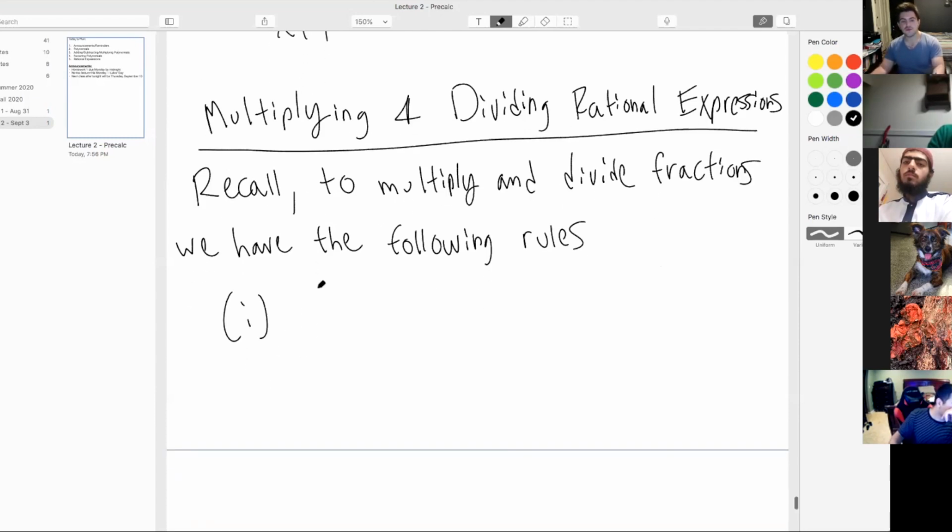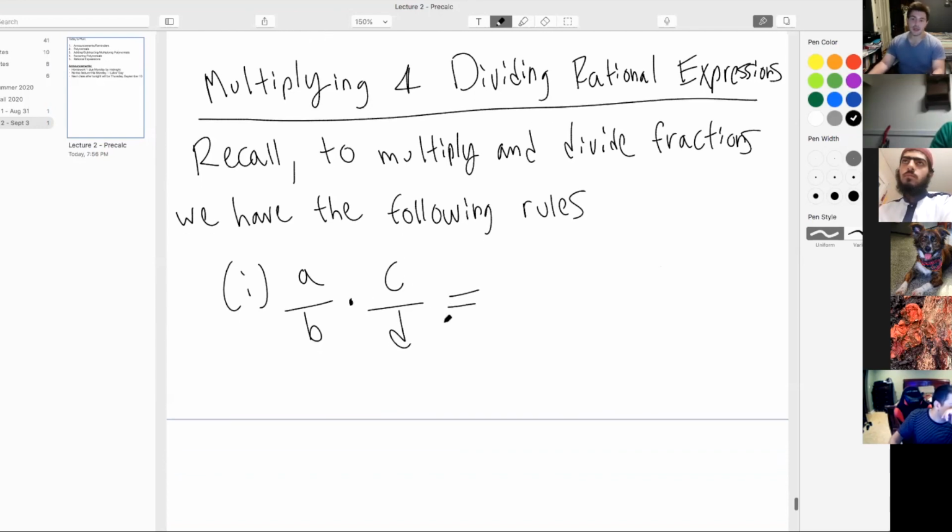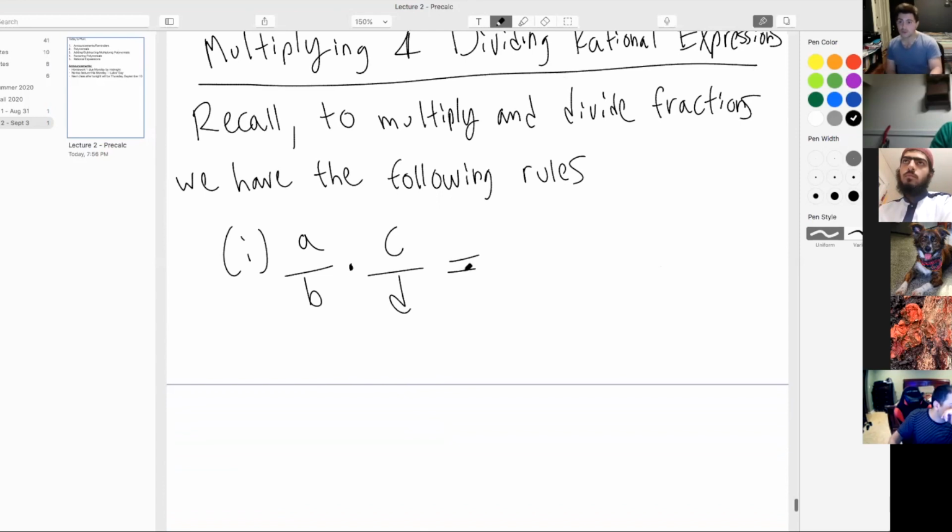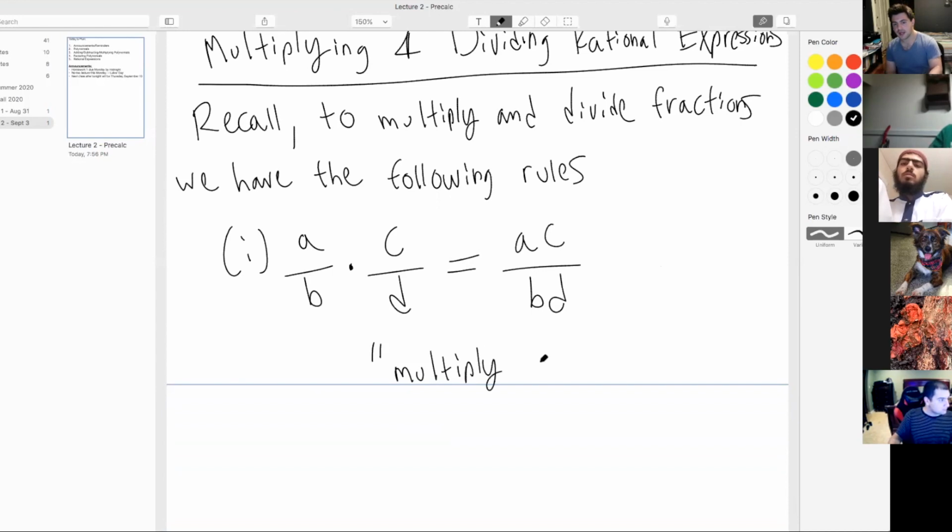If we have 2 fractions, a over b, and we want to multiply it by c over d, this is easy. You just multiply straight across. This is ac over bd. The thing to think about in your head is just to multiply straight across. That's how we multiply fractions.